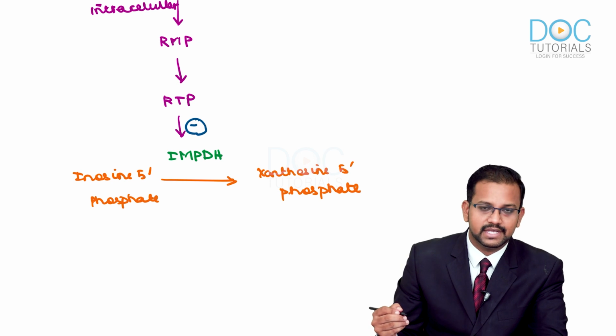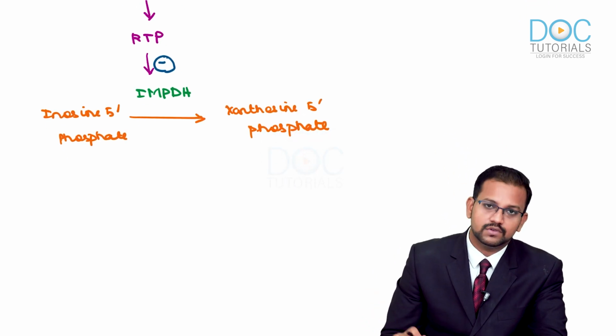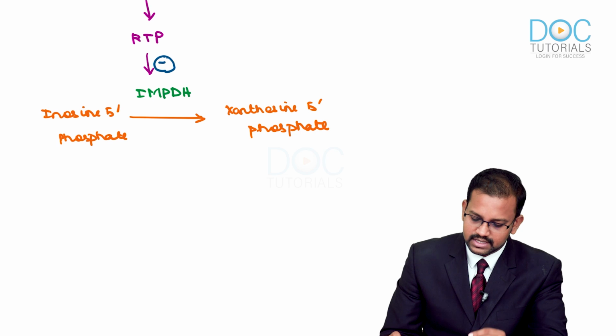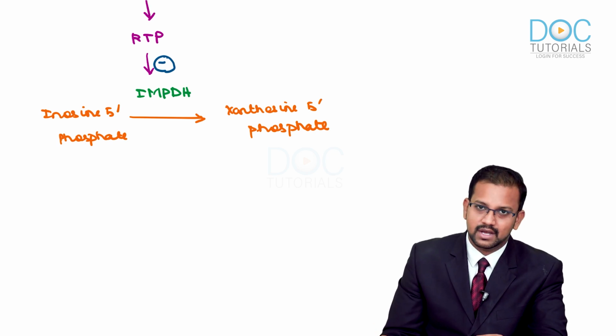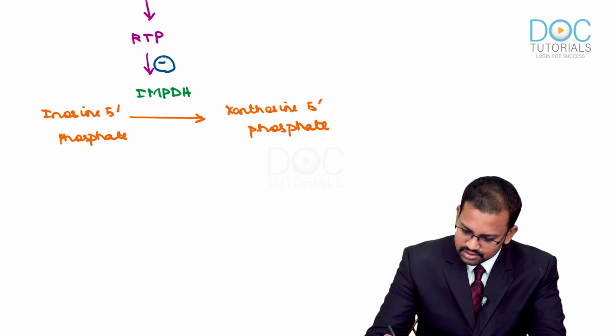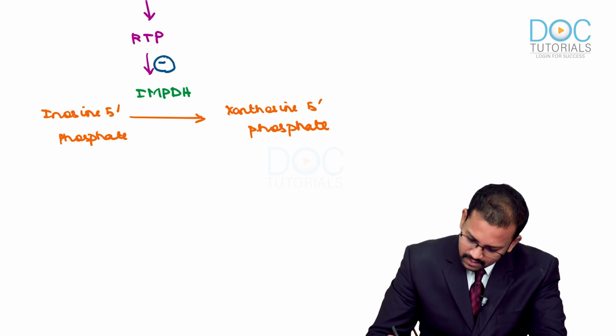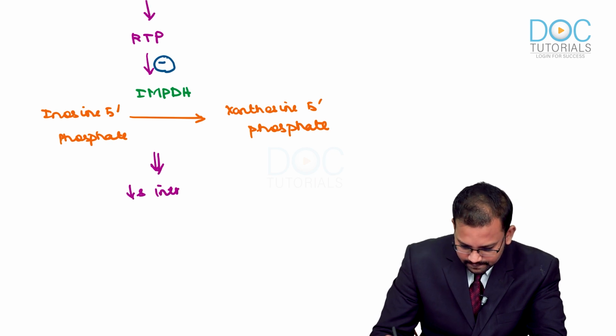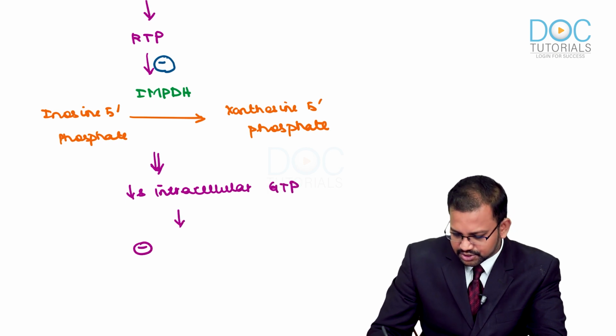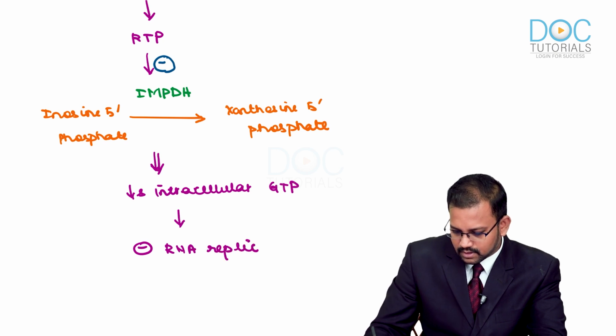This IMPDH is the rate limiting enzyme in the de novo synthesis of purines. So this enzyme is inhibited by RTP, and because of it there is going to be decreased intracellular GTP. Thereby there is going to be inhibition in RNA replication.